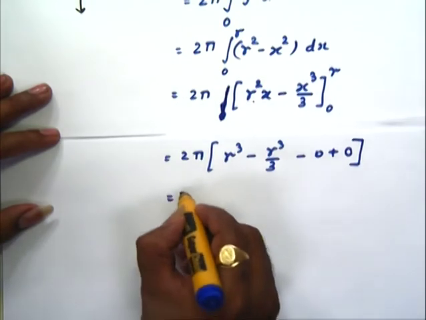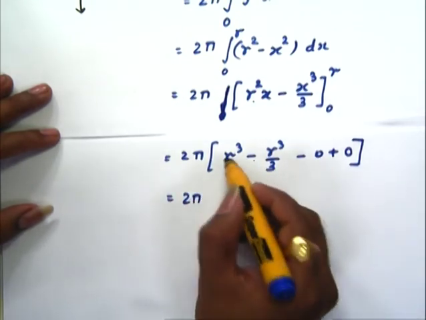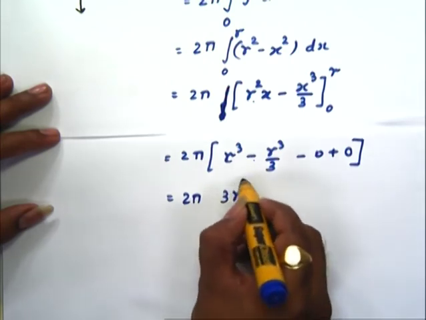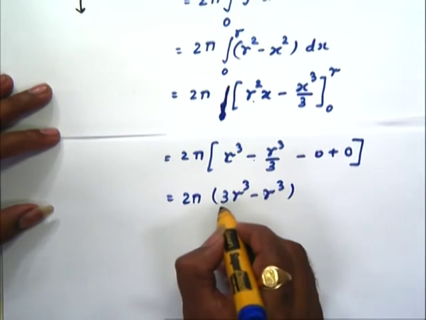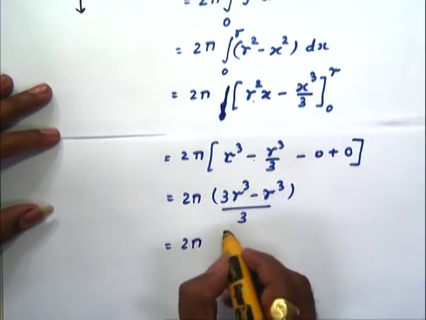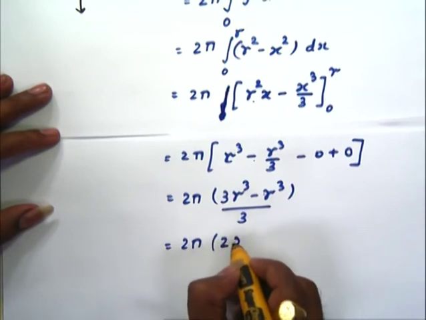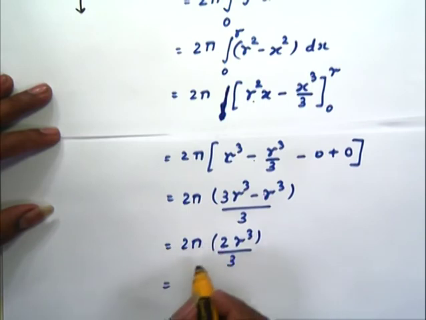So this is equal to 2 pi into r cube minus r cube by 3, take LCM, so 3 r cube minus r cube by 3. This is nothing but 2 pi, this is 2 r cube by 3. So the answer is 2 into 2 is 4 by 3 pi r cube.